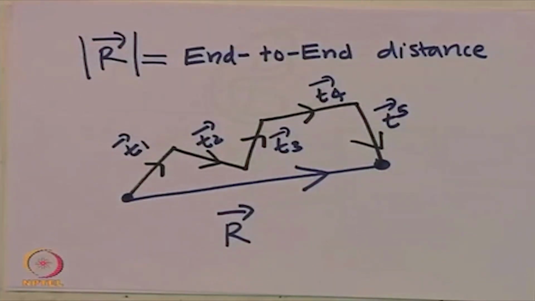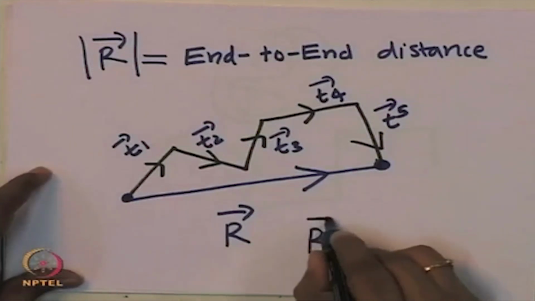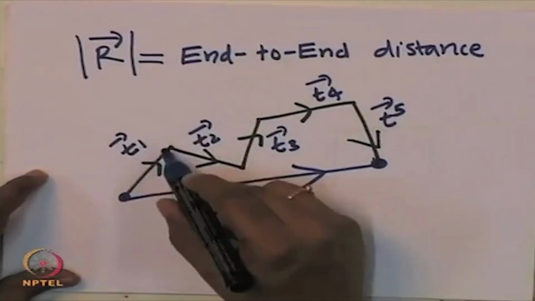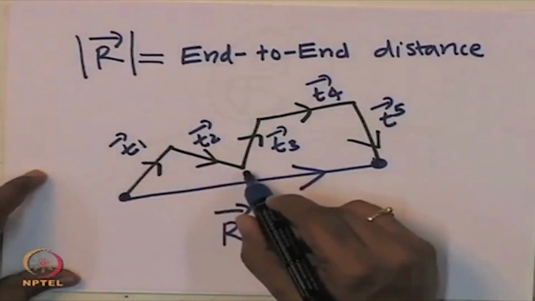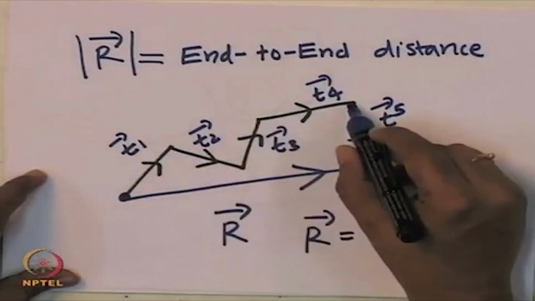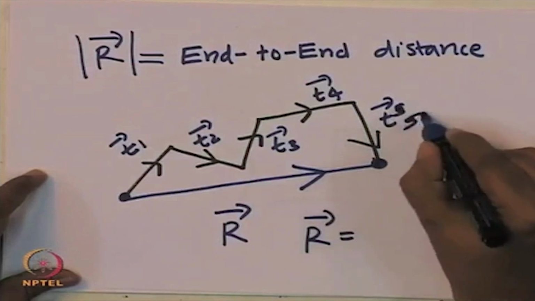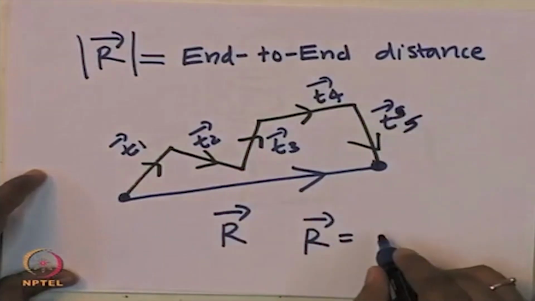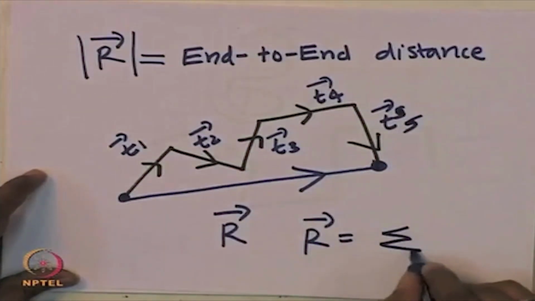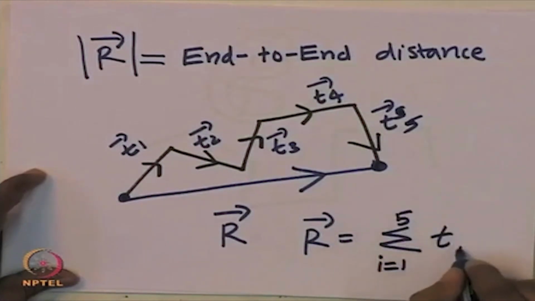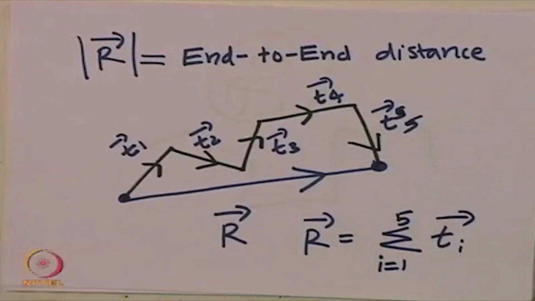Then the end to end vector R is nothing but the sum of all these vectors. So, vector T1 plus vector T2 plus vector T3 plus vector T4 plus vector T5 will give you this R vector. This can be written as the sum over i from 1 to 5 of Ti, if you like.